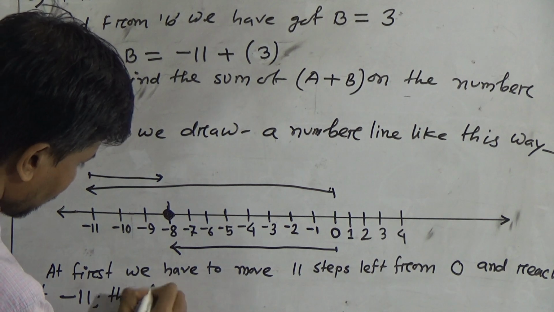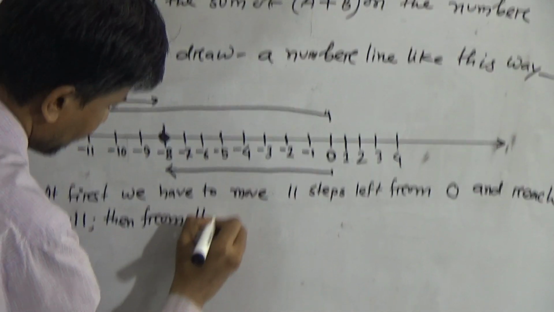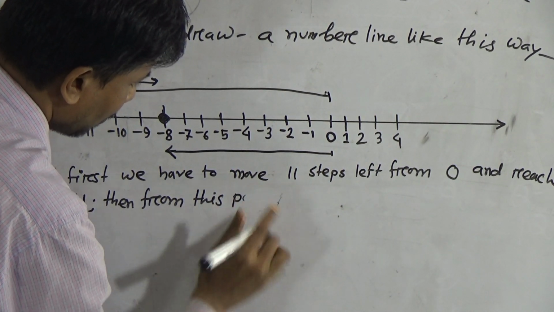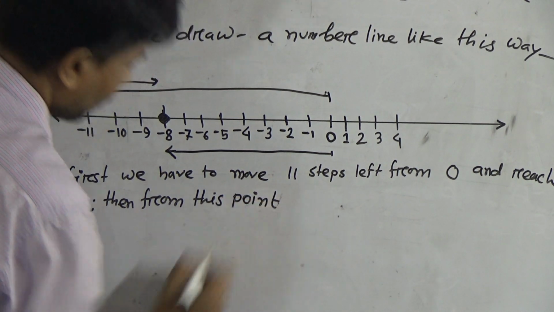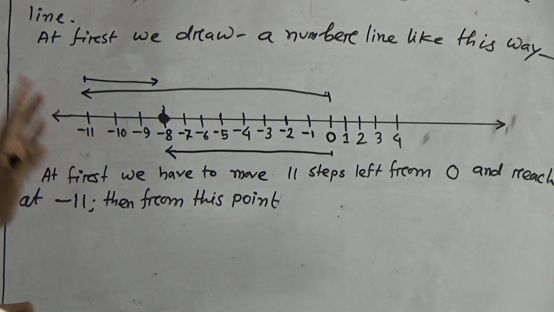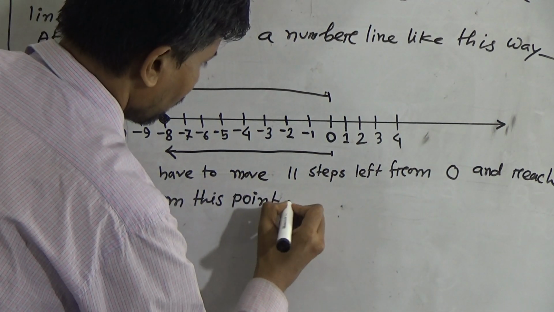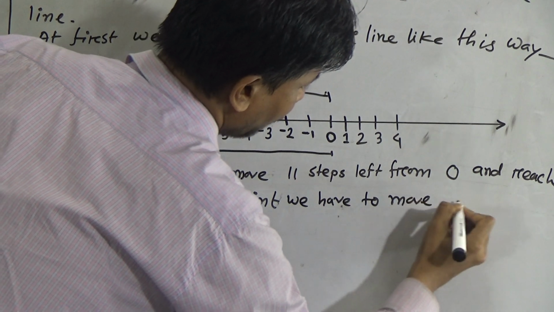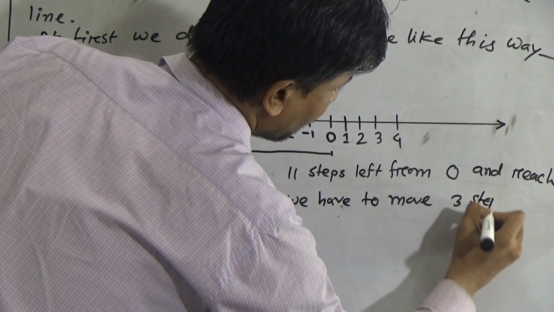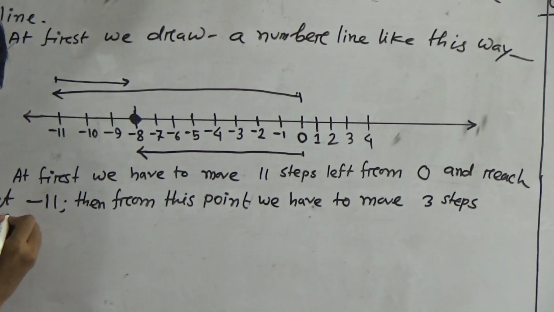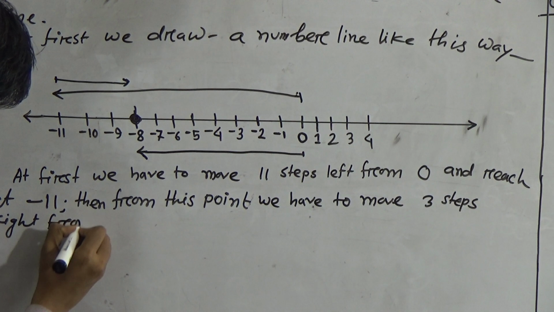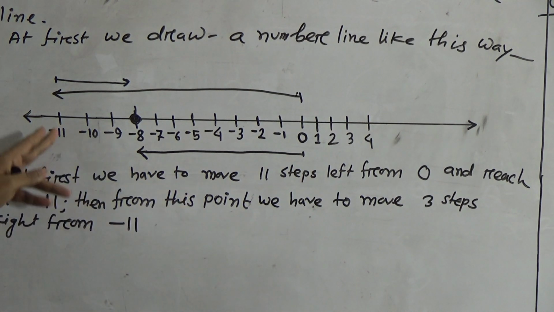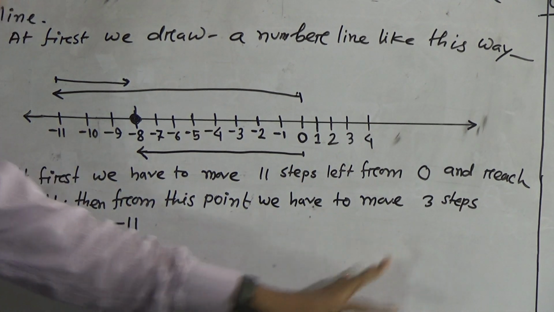Then from this point, that means from minus 11, we have to move 3 steps right from minus 11.